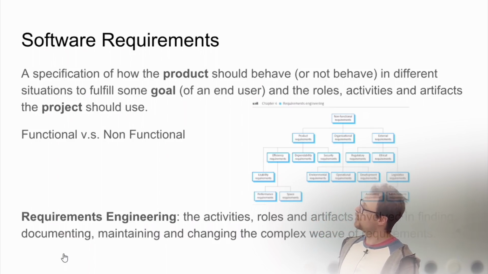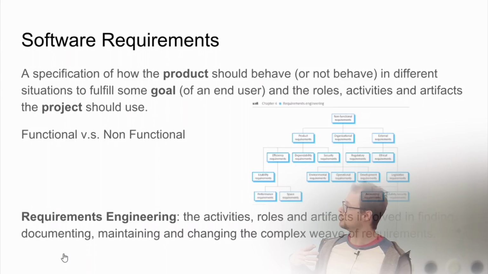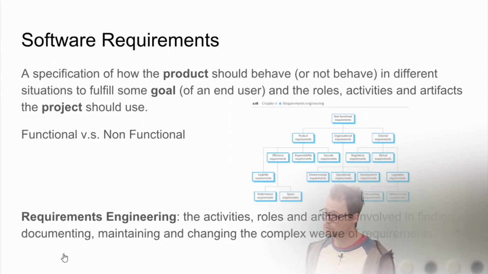So all these project requirements that we may or may not have, either by default our company maybe works in Java or in JavaScript or some other language. Maybe our company has different templates for the project that we need to use. Maybe we have different process steps that we need to use in our project.